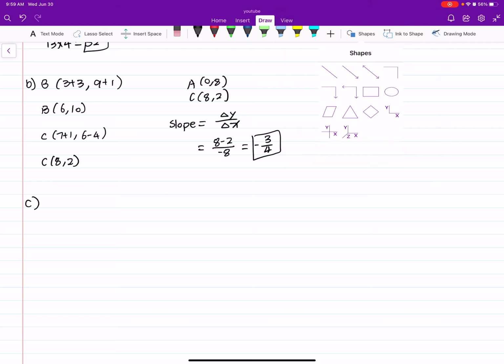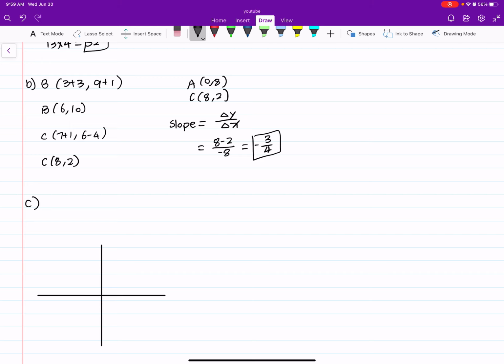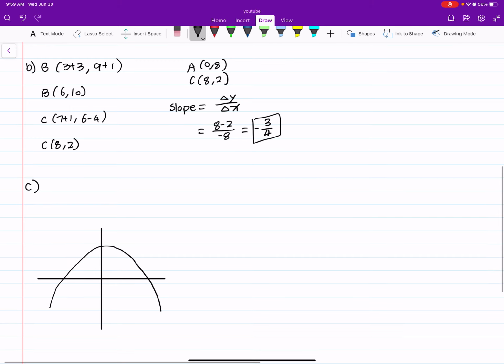We have this parabola looking somewhat like that. And we have the intercepts. So this would be point E, this is point D, and that is F. And now we have a triangle inside here.